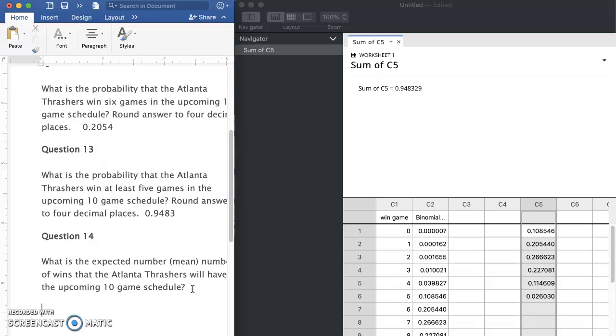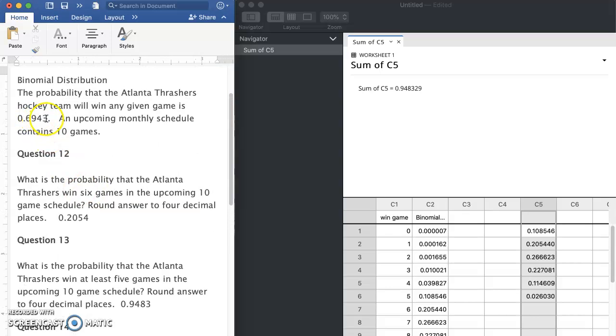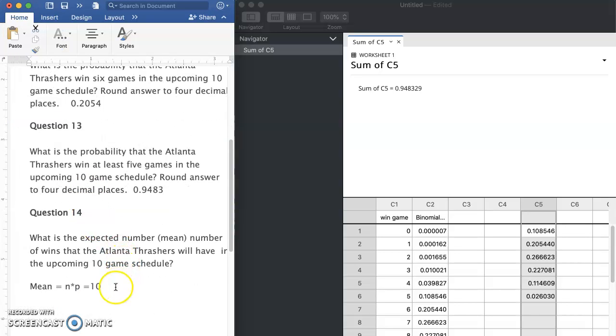I'll go ahead and look at this next one because you'll have one like this. If it asks you what is the mean number of games for this problem, then the mean will always equal your number times your probability. So the number of events is 10, and remember that original probability was 0.6943.